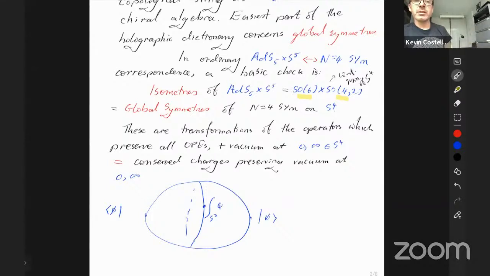Any operator gives you a conserved charge. I integrate it around a circle, that's my conserved charge. However, we're interested in those conserved charges which preserve the vacuum at 0 and at infinity.